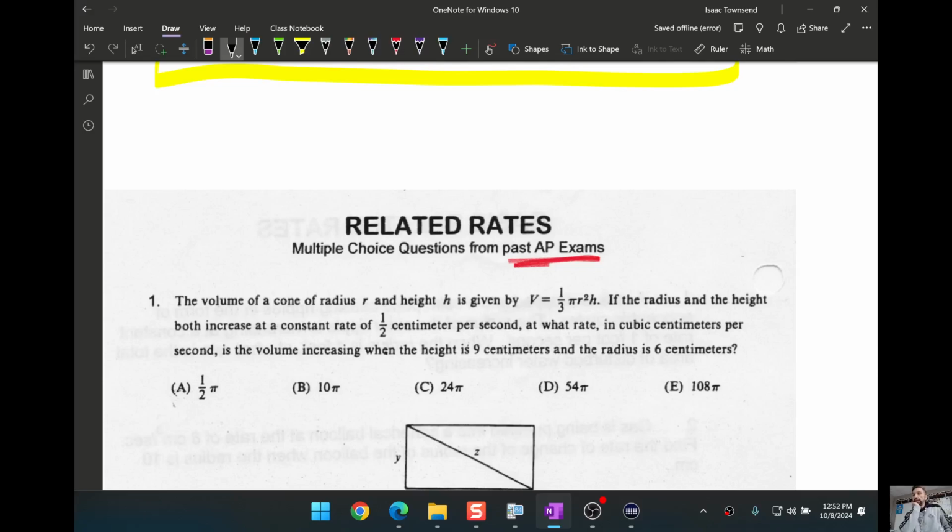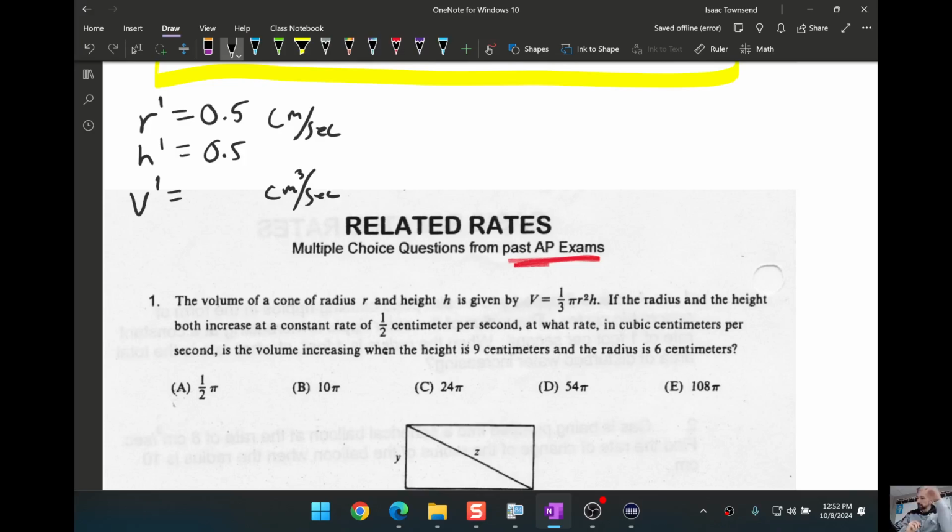If the radius and height both increase at a rate of 1/2 centimeter per second, so radius is changing at 1/2 and height is changing at 1/2 centimeters per second, at what rate in cubic centimeters per second is the volume increasing when the height is 9 and the radius is 6?